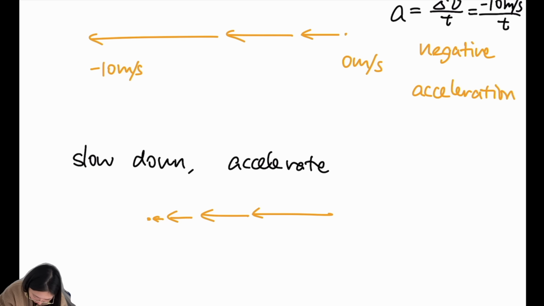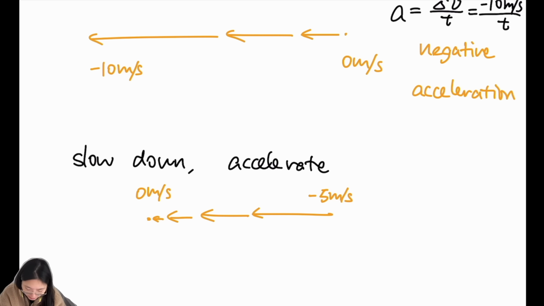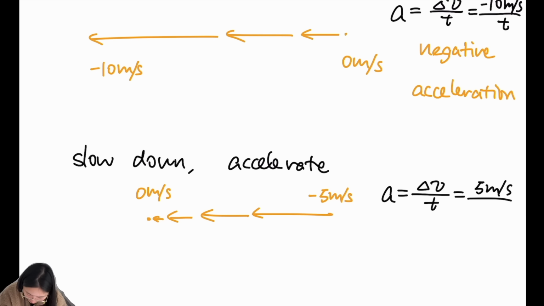So let's say its velocity has changed from negative 5 meters per second to 0 meters per second. Then the velocity itself is increasing from a negative value to zero. According to the formula of acceleration, delta v divided by t, delta v is 0 minus negative 5, which is positive 5 meters per second. So the velocity is increasing, so acceleration is positive.